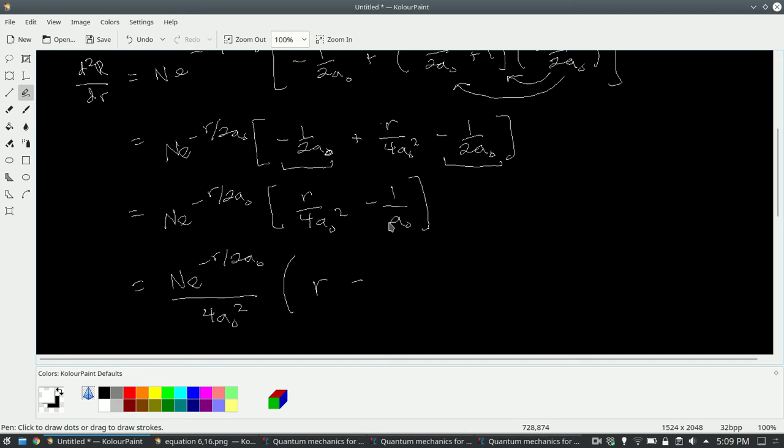And if you divide this by 1 over 4a naught squared, so 1 over a divided by 1 over 4a naught squared is multiplication by the reciprocal. There's multiplication of fractions, and then this gives you 4a naught. All right, so this is going to be 4a naught.